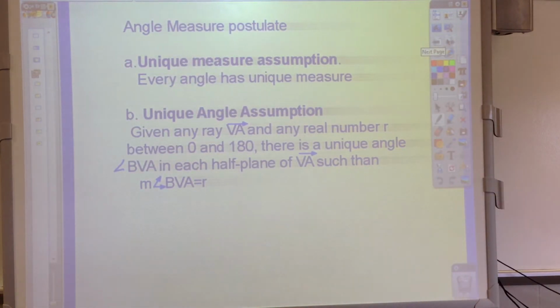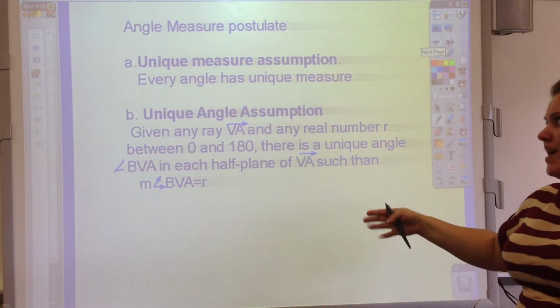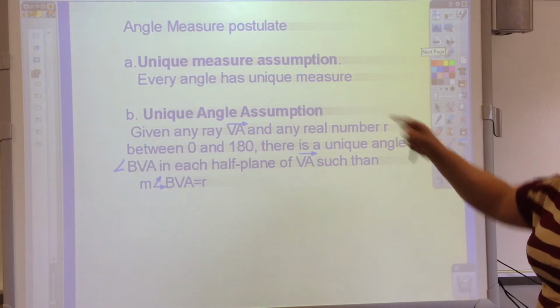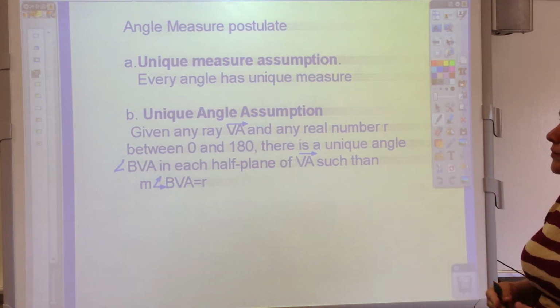All right, let's look at the angle measure postulate. Just like each and every number in our real world number system has a unique value, every angle has a unique measure.